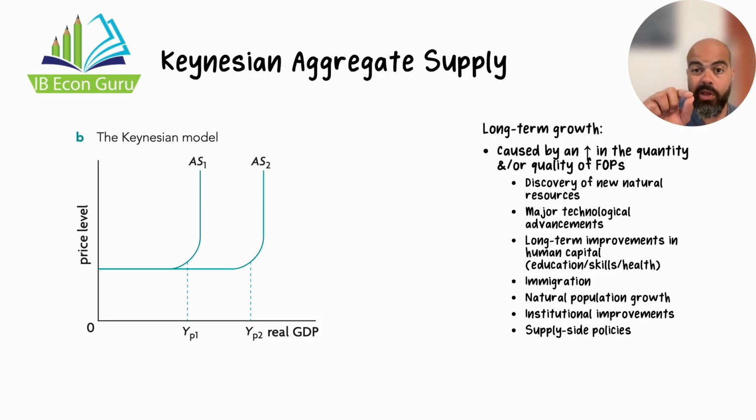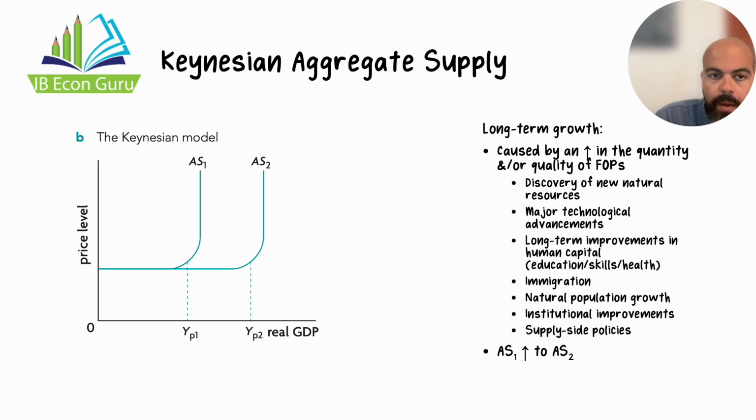Supply side policies are policies used by the government to increase the economy's productive capacity and potential output. The effect is that they shift the long run aggregate supply curve, or the Keynesian aggregate supply curve, to the right. So you can see any of those changes, which are basically changes in the quantity and/or quality of the FOPs, will shift the Keynesian aggregate supply curve to the right.